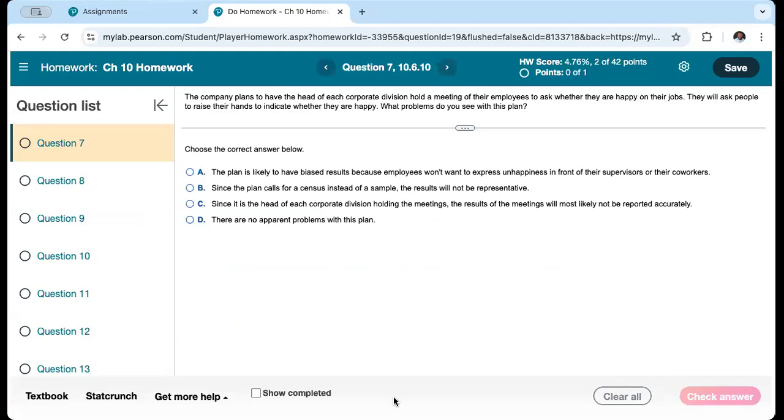So let's try question 7. I want you to read question 7 and tell me the answer you think is the best for the problem.